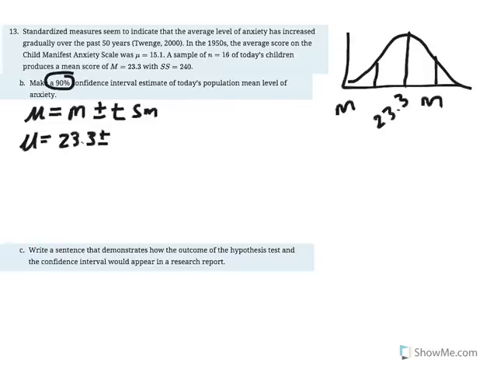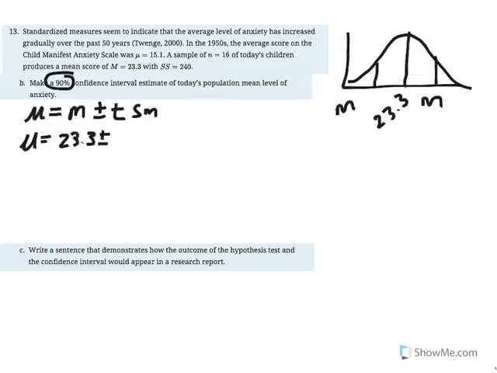So if we're able to reject the null hypothesis, and this is a good point to make, you would not calculate a confidence interval if you fail to reject the null. If you reject the null, then you can calculate a confidence interval, meaning that you're going to estimate a range of what the actual population mu equals or would reside within. And we would use the sample mean as the basis for that calculation.